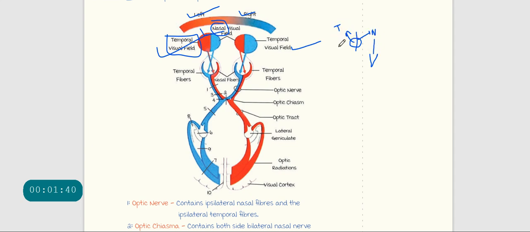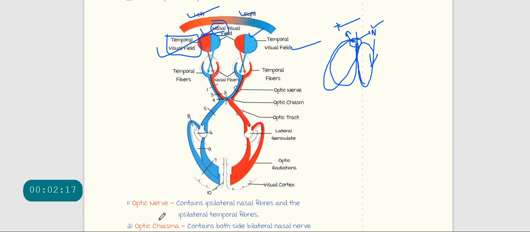The vision near to the nasal part is allowed by the nasal visual field, so this comes under the nasal visual field, and the rest of the part is due to the temporal visual field. I hope it is understood, very easy, students. Respectively in both the eyes this would be the common phenomenon.